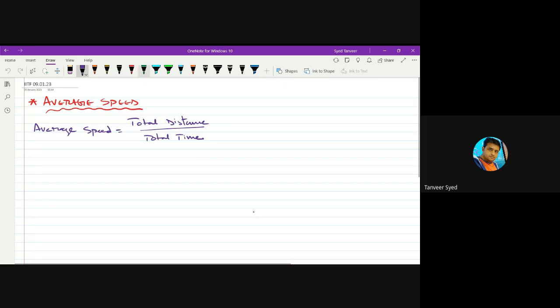Let us take an example. To have a more clear idea, let us take a practical situation. Suppose you are going from Hyderabad to Vijayawada, and the distance is approximately 300 kilometers.